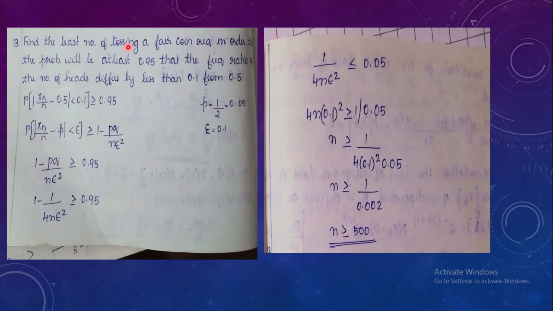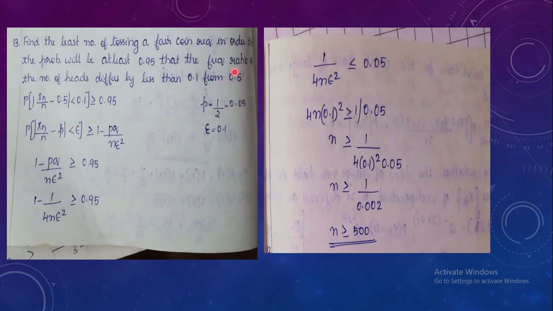Now, in order to find out small n, from the question, we are provided with some important information. Such that the probability will be at least 0.95. That is, probability of something is greater than or equal to 0.95. That the frequency ratio of the number of heads, frequency ratio is Xn by n, differs by less than 0.1 from 0.5.